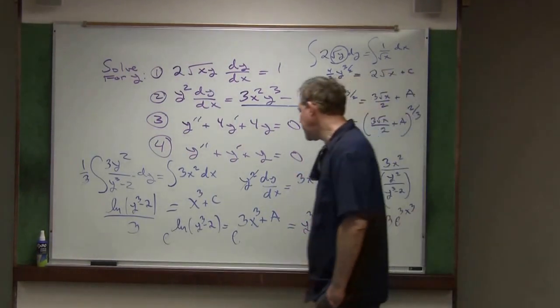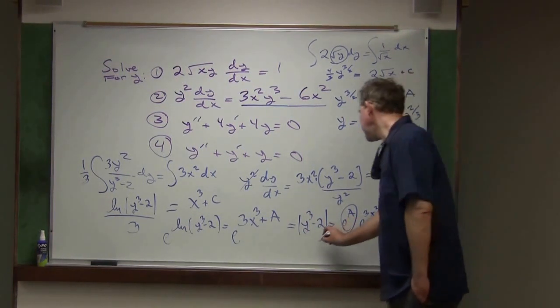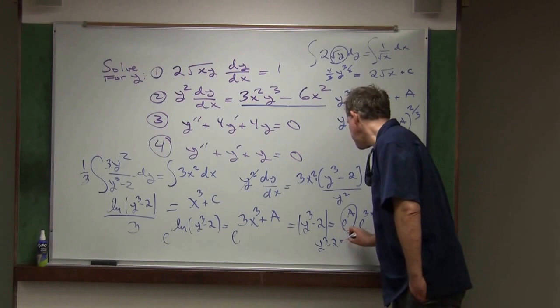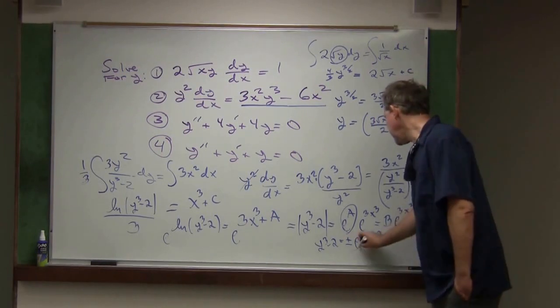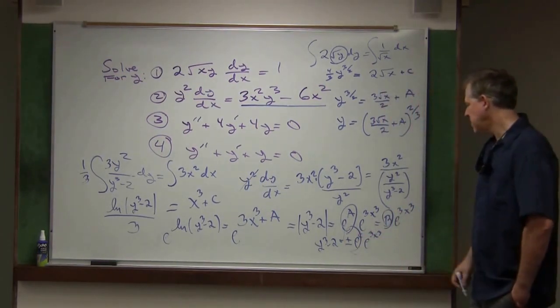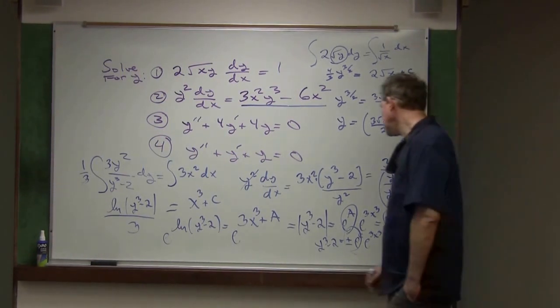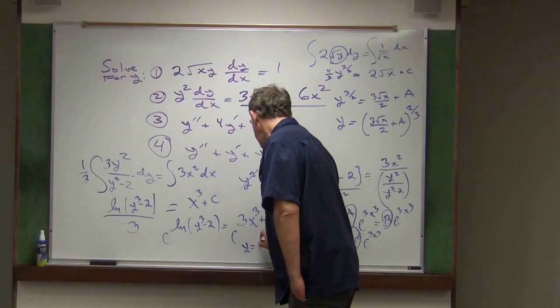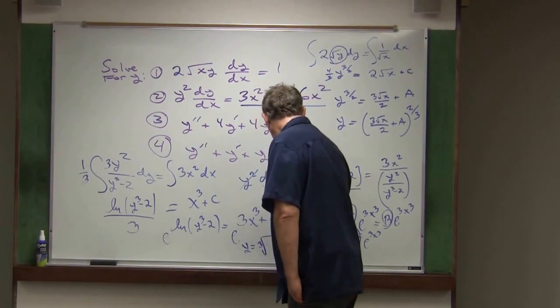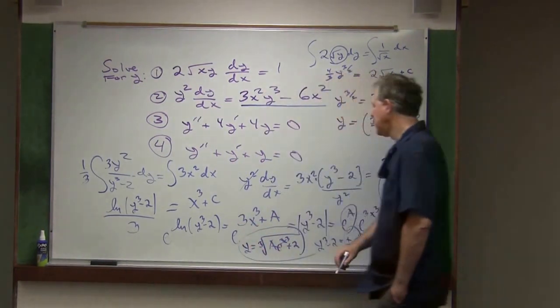I guess there was a plus or minus because we could have then called this y cubed minus 2 is plus or minus e to the c, e to the 3x cubed. Just rename this some constant. Okay? And so then add 2 to both sides and take the cubed root. So y is going to be the cubed root of a e to the 3x cubed plus 2. Like that. Okay.